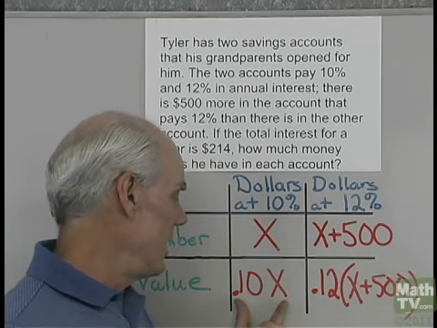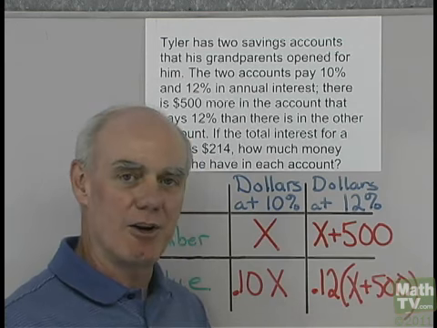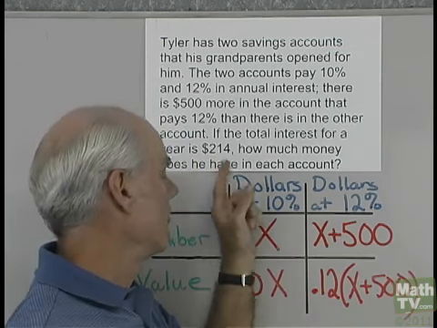So here is the amount of interest earned in the one account plus the amount of interest earned in the other account, and I know that has to add up to $214.